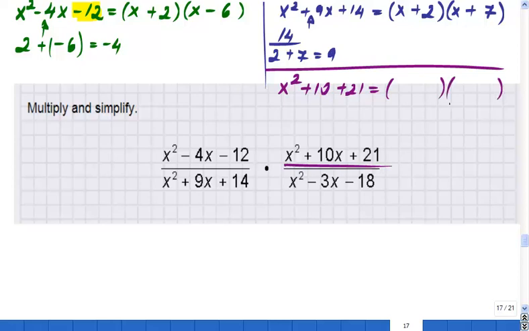If this is not prime, x and x will be the first term in each one of these factors, right? Binomials. Plus, plus, positive, positive. As in the previous problem, I will definitely have plus, plus in each one of the parentheses. Two numbers whose product is 21. Well, as you guys can guess in here, 7 and 3, right? 7 times 3 is 21. 7 plus 3 is 10. I'm done.